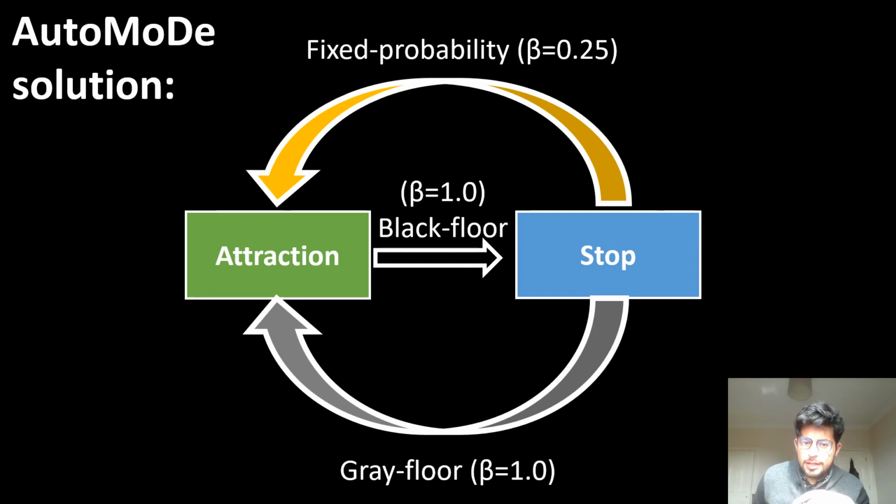Then you start moving, and if you detect the gray floor, you do attraction because you are outside of the black spot. So you need to approach other robots. But if you continue being on the black floor, you just move inside the black floor and stop, and so on and so on. In this way, we can aggregate the robots. And this finite state machine was the best one generated with Automode by the researchers.